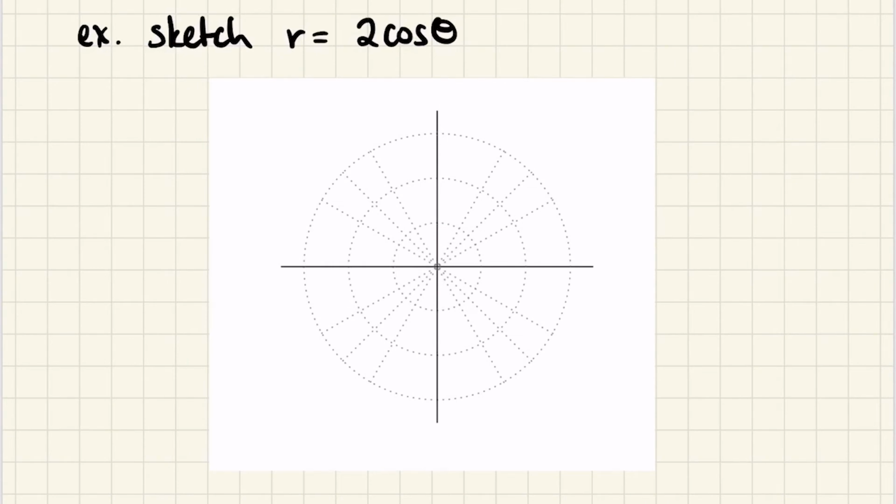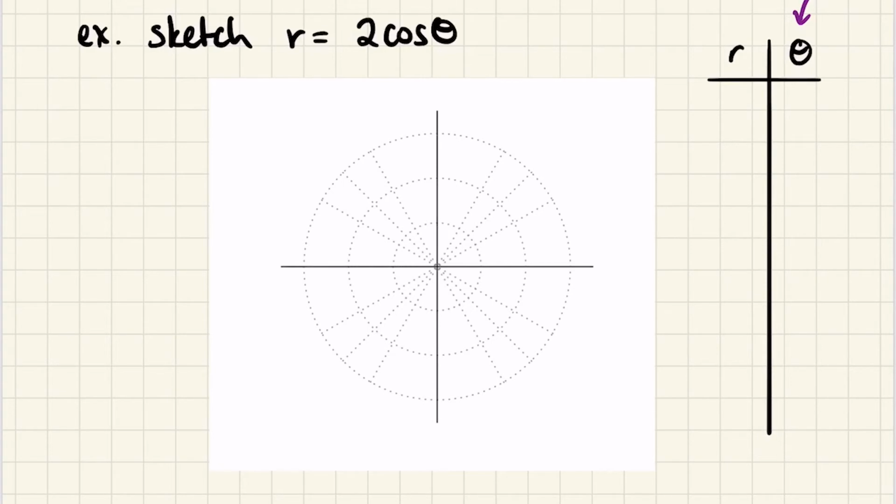All right, let's sketch the equation r equals 2 cosine theta. So for this one, let's make a table of values here. Note that our independent variable here will be theta.